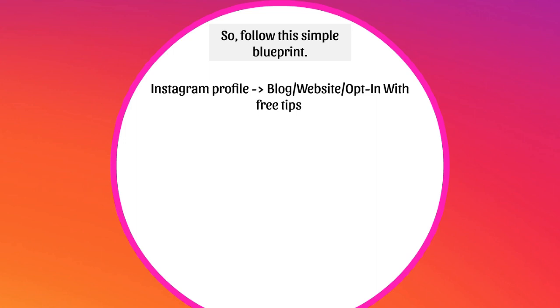You can use an opt-in with free tips or a squeeze page to build your list first. Because what I found is that a lot of times it takes 7 to 12 times to actually touch the person, get to know them before they actually buy. So what I mean by touching or touch points means emails. So it could be 7 to 12 different emails after they sign up for a freebie.